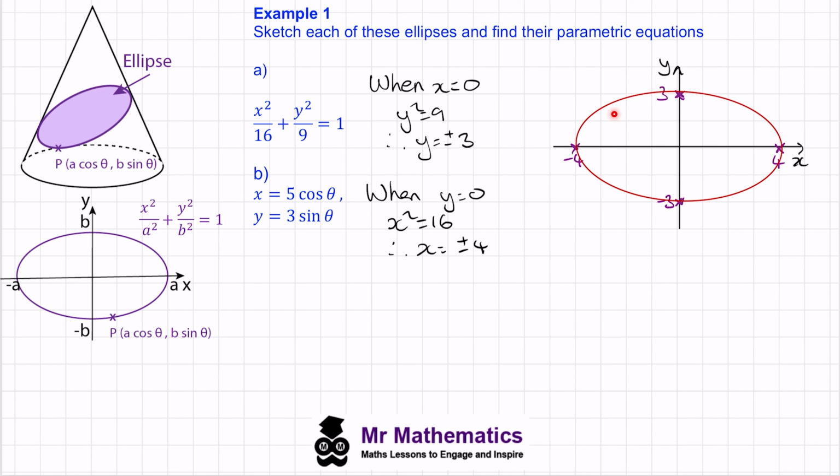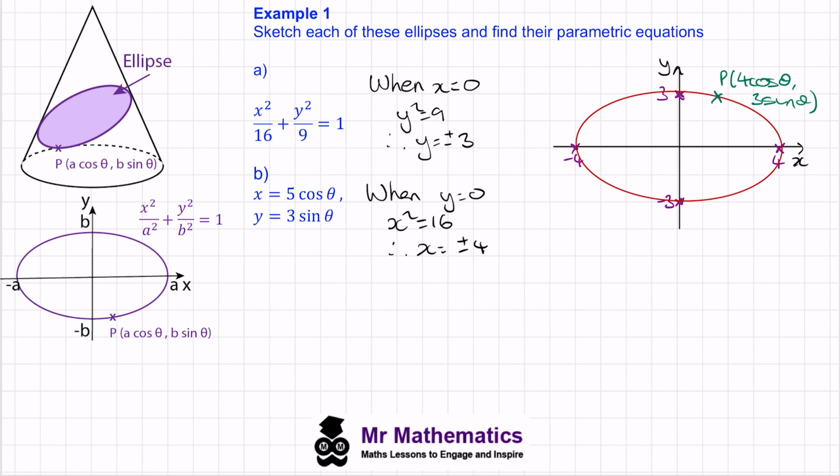So our ellipse will look like this. And for our parametric equation, we can see that a squared is 16, so our a value will be equal to 4. So if we have a point here, point P, we can say we've got 4 cos theta. Our y value will come from this b squared, which is 9, so b will be equal to 3. So we'll have 3 sine theta.